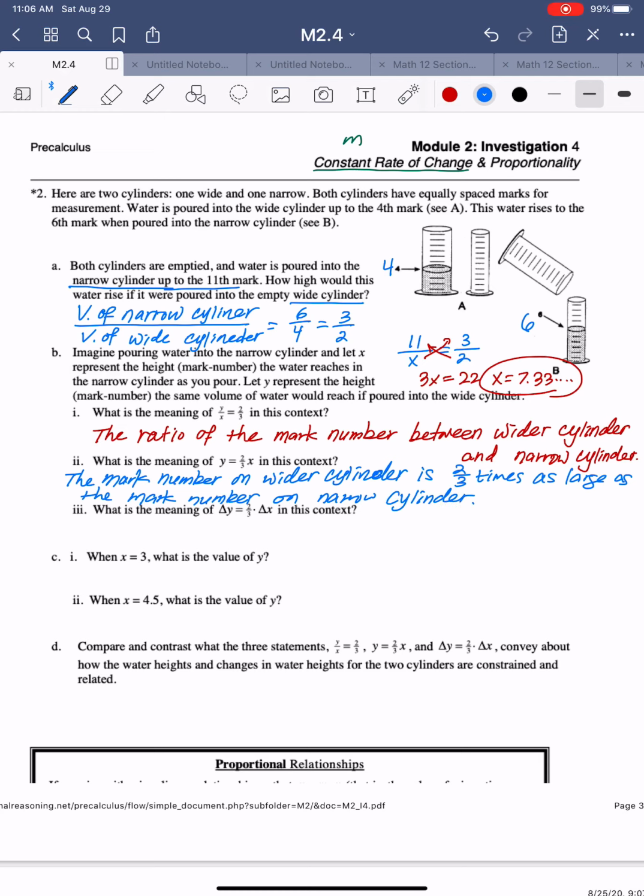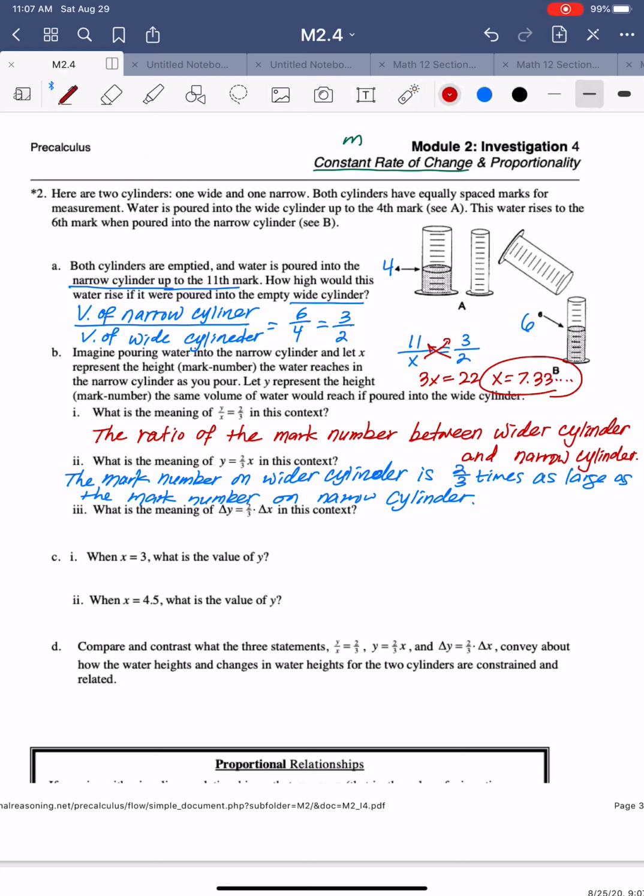But what about number 3? Delta y, if you see the delta, means a change. So the change in the mark number in the wider cylinder is 2/3 times as large as the change in the mark number on the narrow cylinder.